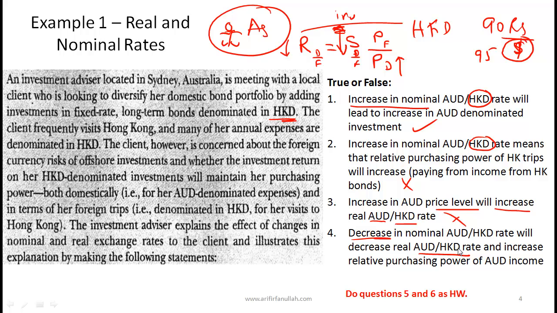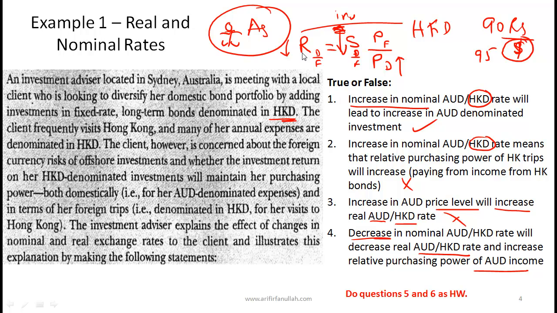Is that correct? And increase the relative purchasing power of Australian income. So this first part is correct. What about the second part? Increase the relative purchasing power of Australian income. Is this true? Yes, this is true.